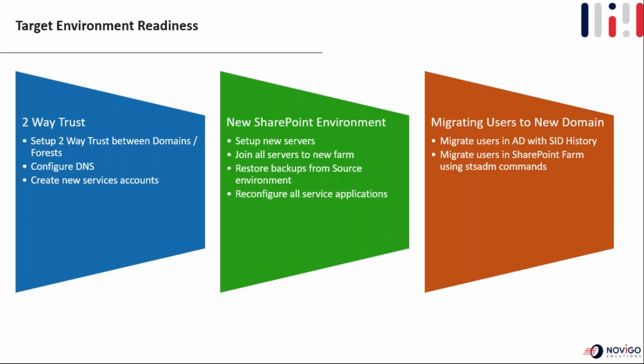The target environment was SharePoint 2016, and it was available in the new bank domain, whereas the SharePoint 2013 environment of Bank 1 and the SharePoint 2016 environment of Bank 2 were both merged together and made available as a single SharePoint intranet on the third domain. So in this scenario, there was a two-way trust set up between all the three domains, and users from all three domains were able to log into SharePoint with their own AD credentials.